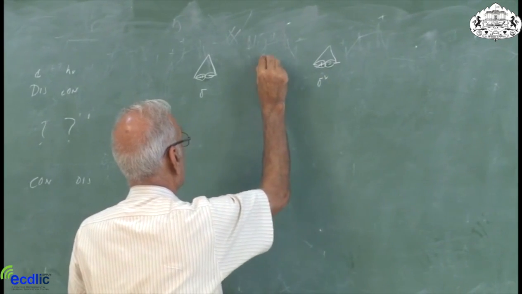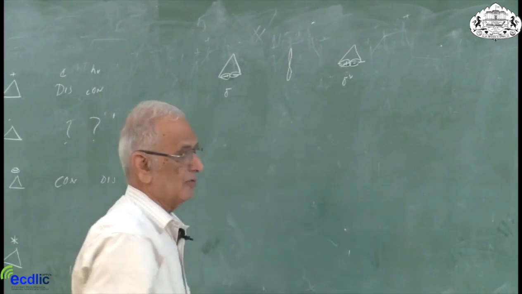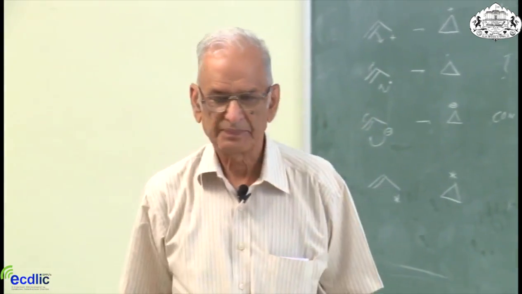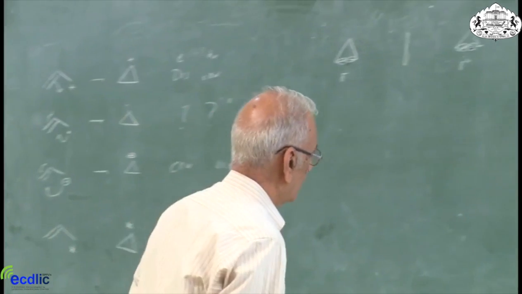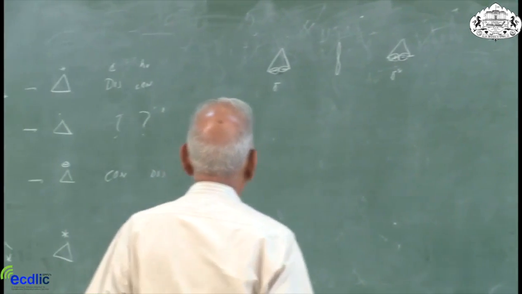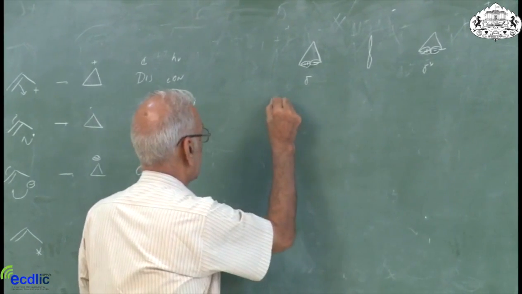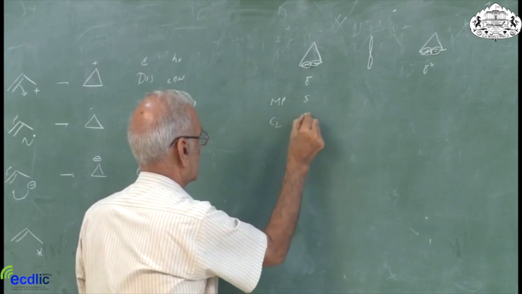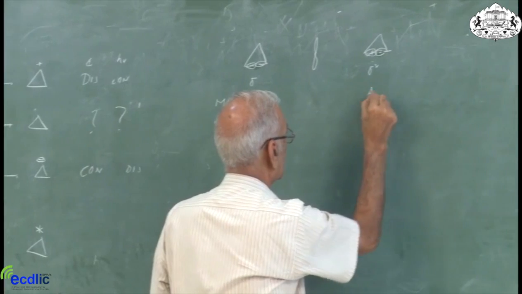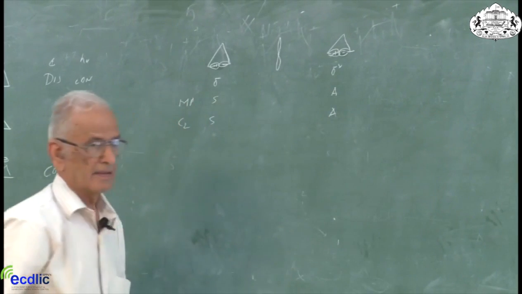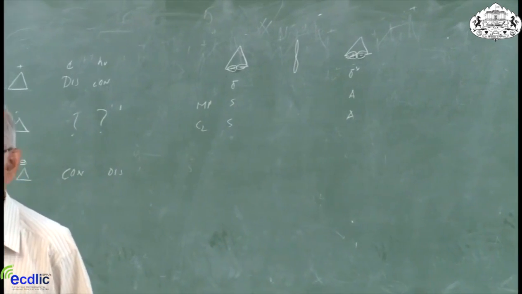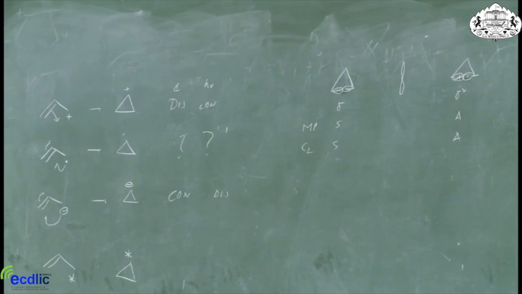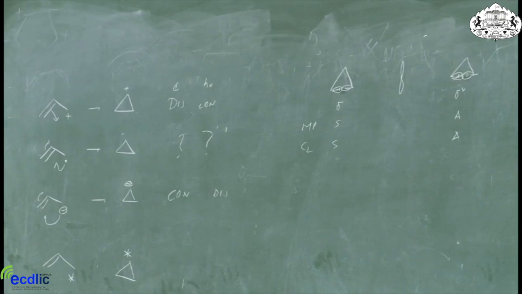And what is your last orbital? Your last orbital is going to be a p orbital. Okay. So, mirror plane symmetry, we know this story, that sigma is symmetric for both, sigma star is anti-symmetric for both.